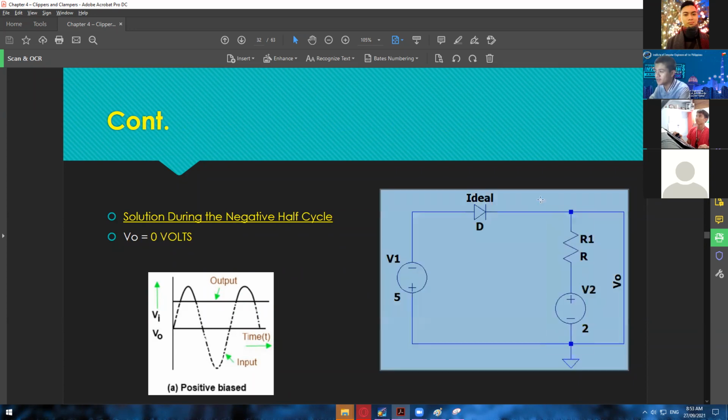Someone asks: sir, we do have a reading on VO, as you can see, we have 2 volts right here, and then it will flow on this one. No, that is not the case, because as you can see, we have an open circuit right here, and if we have an open circuit, even though there is a voltage here, that is not a complete loop.